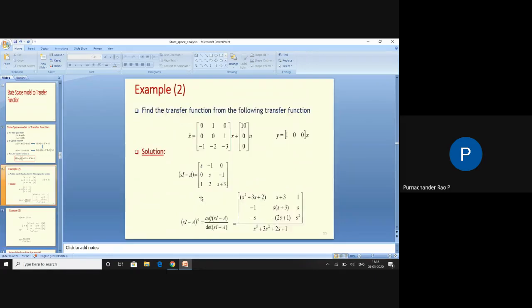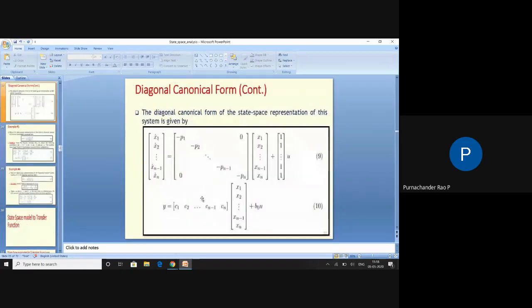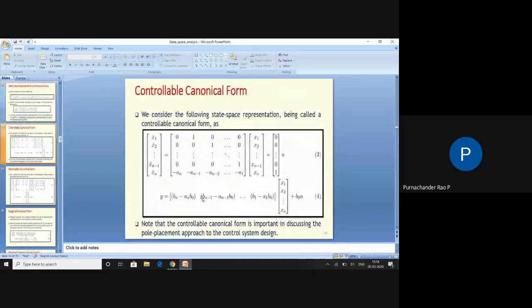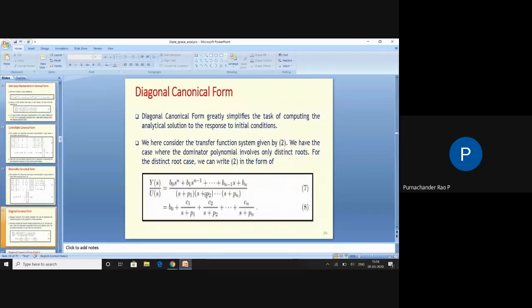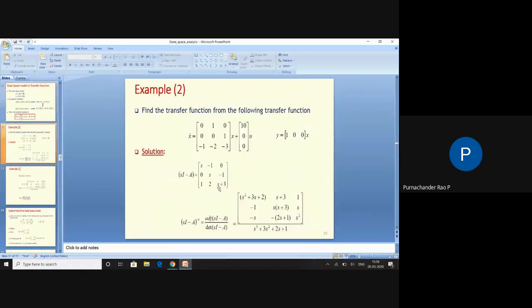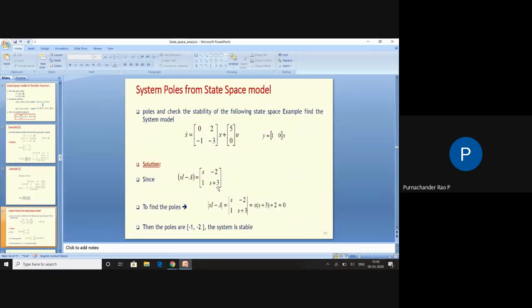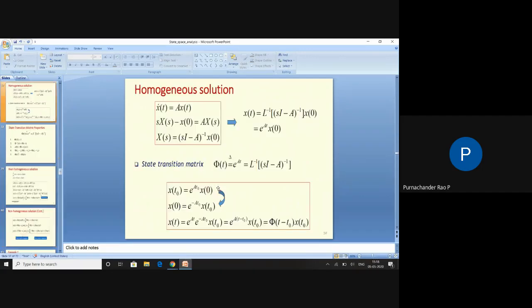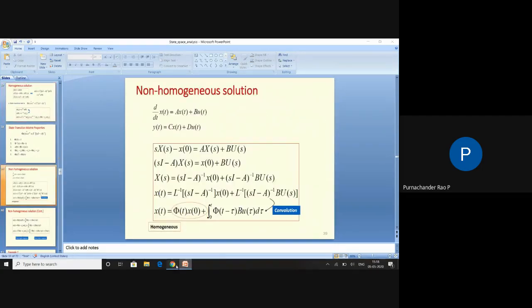In the next class, we'll discuss these 2 points: canonical forms, and also transfer function to state space model and state space model to transfer function model. We'll solve some problems in this. Then we'll see controllability and observability.